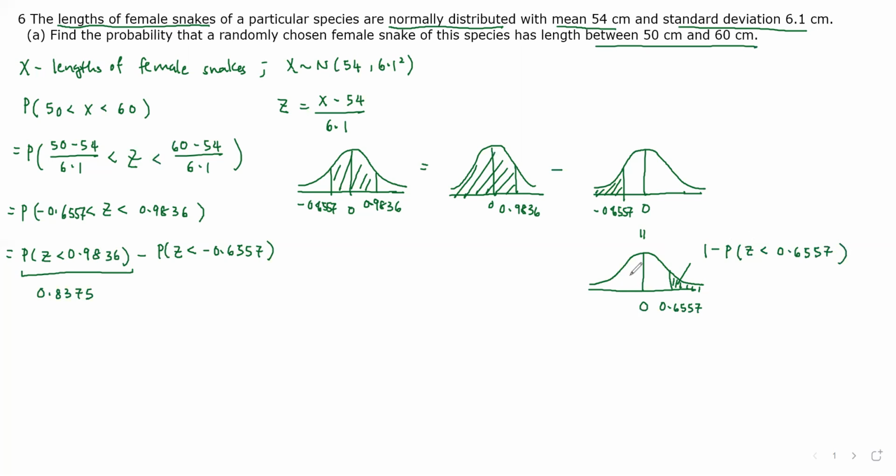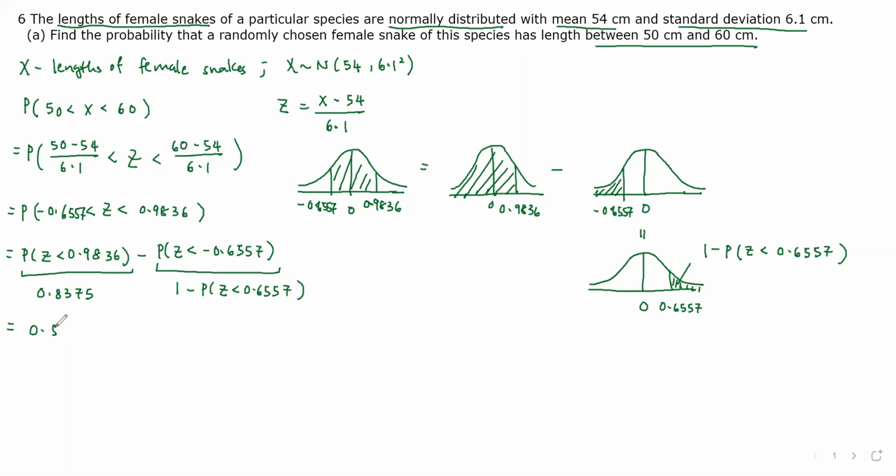So we subtract this area from 1, and we get the area that we want, which is the probability that Z is less than negative 0.6557. So this is 1 minus the probability that Z is less than 0.6557.